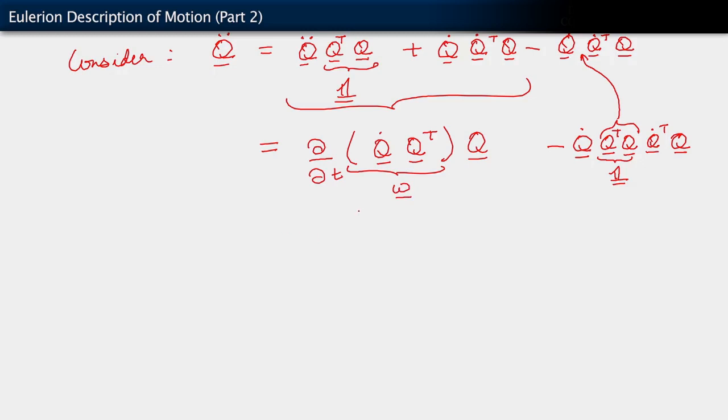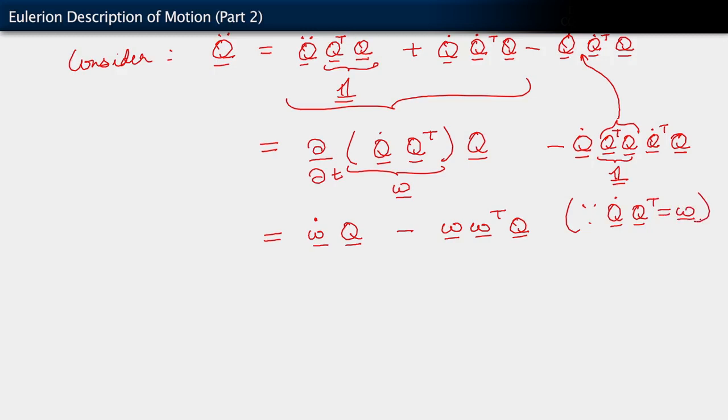And its time rate is just then omega dot Q minus, here observe that the second term is omega transpose Q. Why is this? Because Q dot Q transpose is what we defined as omega.